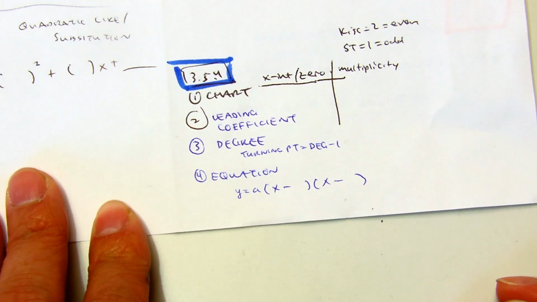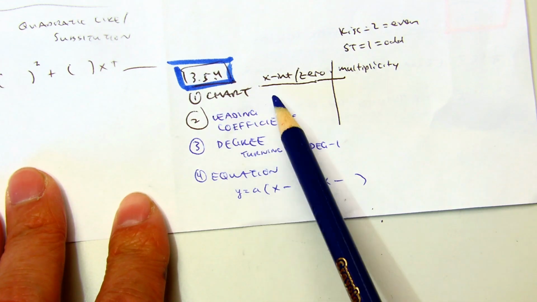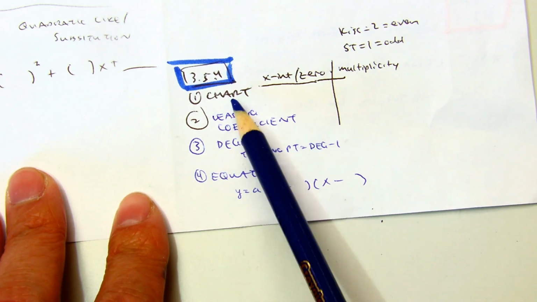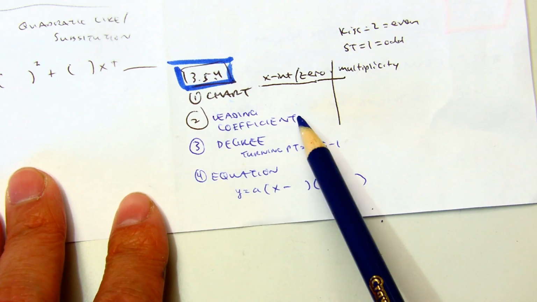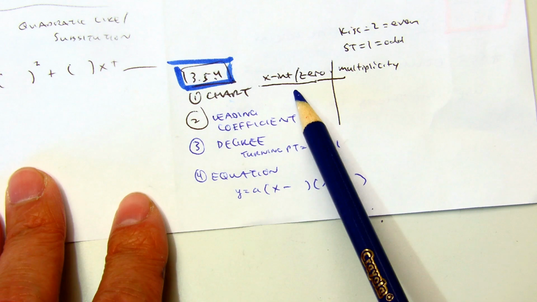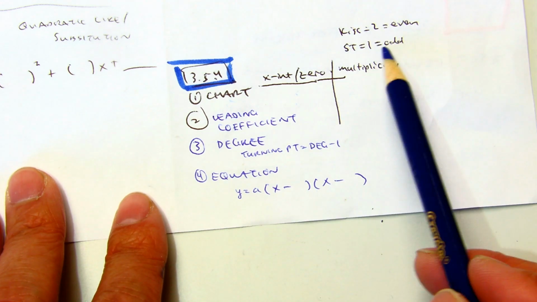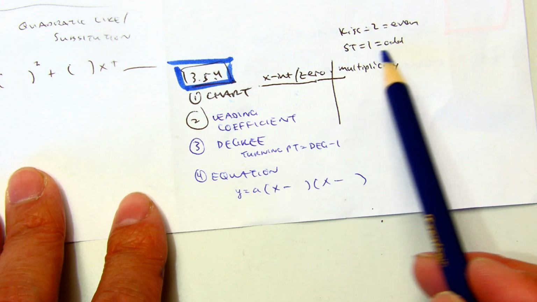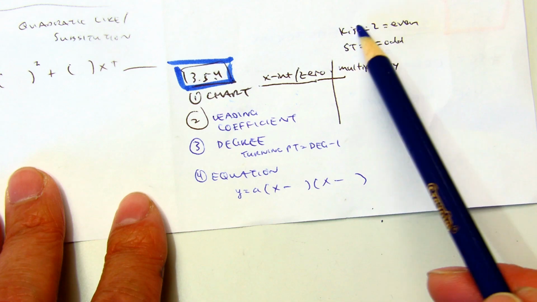And then in 3.54, we got a chart, so we're given a graph, and we took the characteristics of that, writing down the x-intercepts. Those are numbers, like x equals 4, and then is a shoot through or kiss, so it's either going to be a 1 for a shoot through, or it's an odd multiplicity, and a kiss would be 2's.